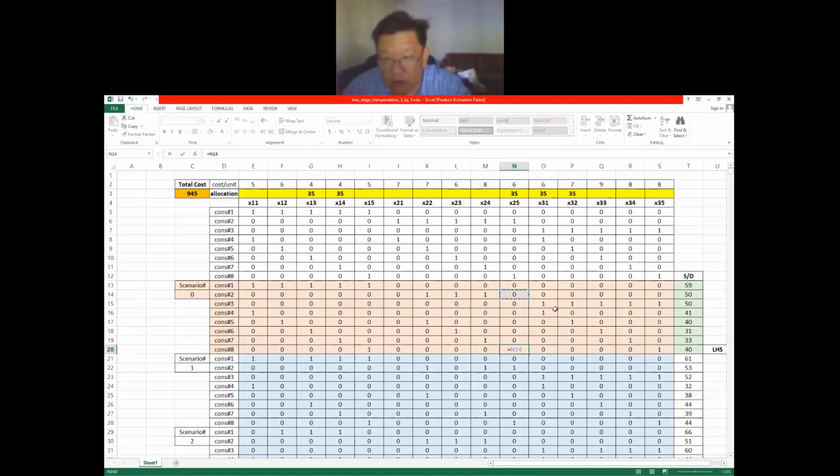And then for the third one, obviously this one equal to this, this one equal to this, and this one is equal to the last one. So you can see that this is a formula, right?